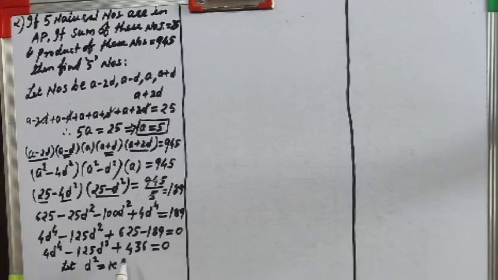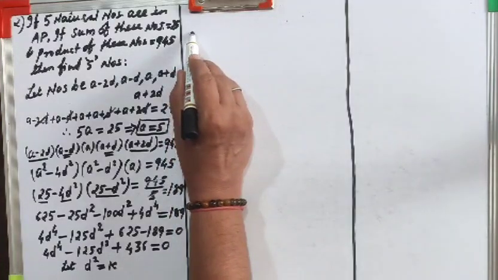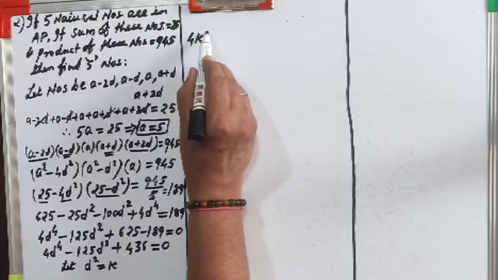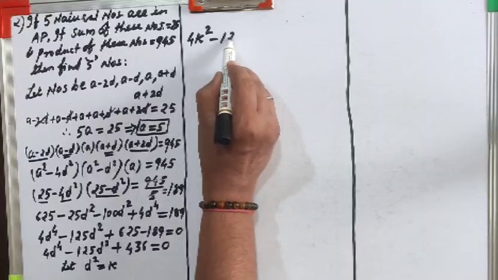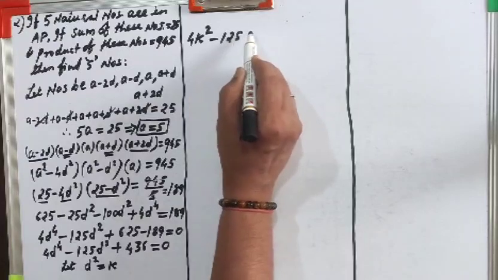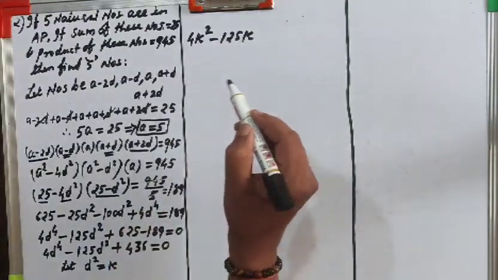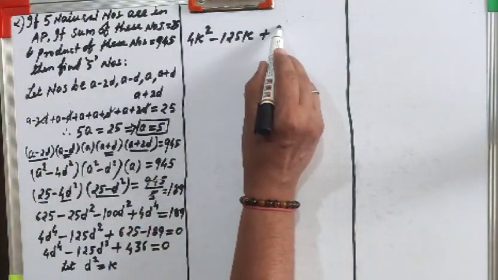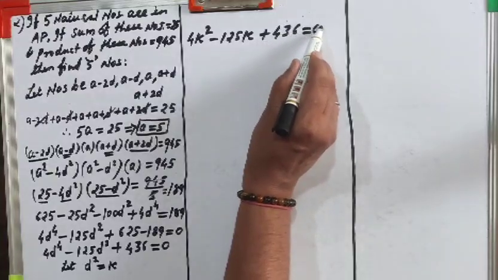So then this above equation can be written as 4k square minus 125k, because it is d square, so this will remain k, plus 436, which is equal to 0.